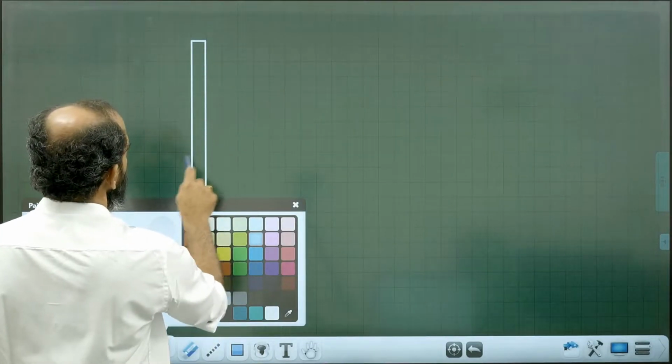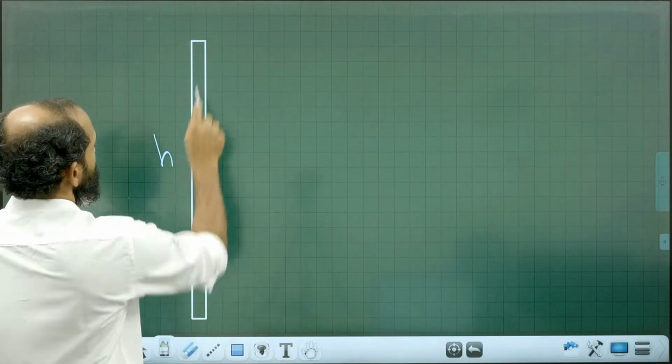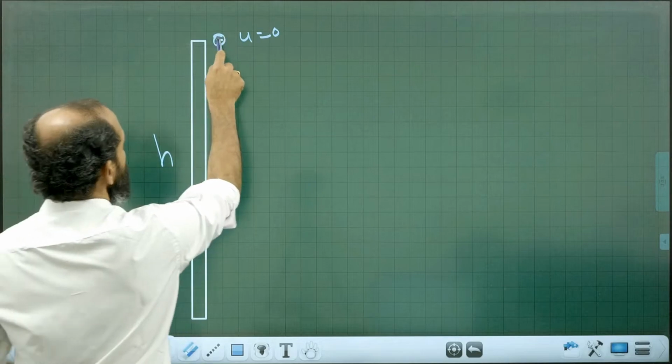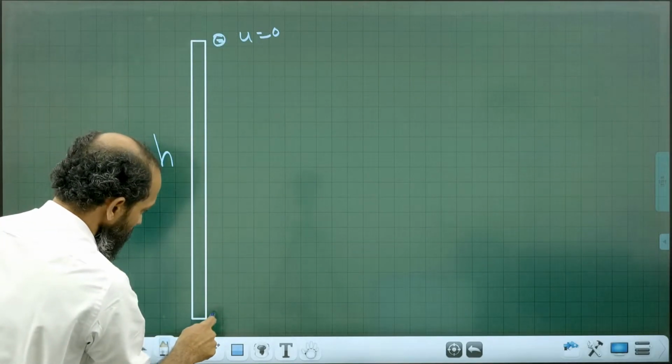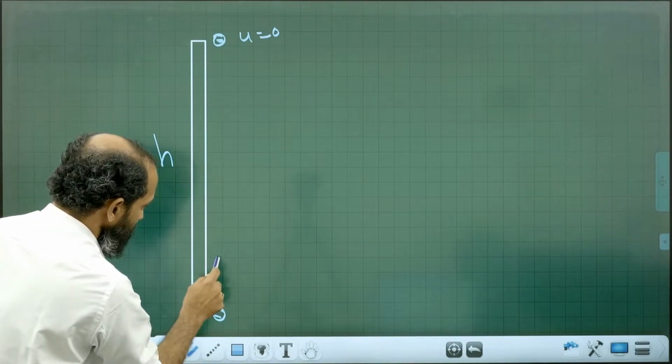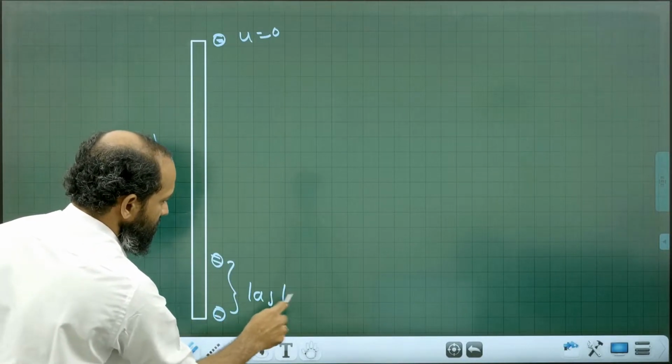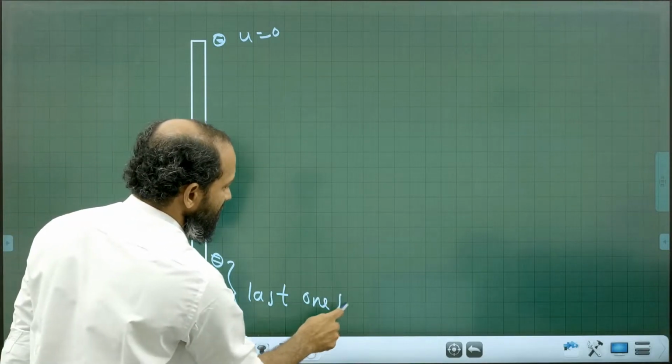If h is the height of a tower, a stone is dropped from rest, so u is equal to 0, where u is the initial speed, or v0 is 0. When it reaches here, it travels some distance in the last 1 second.